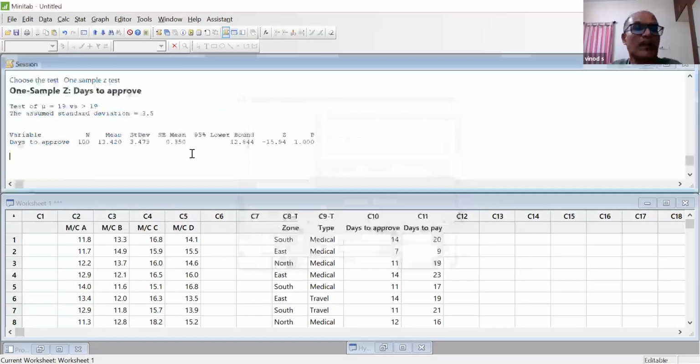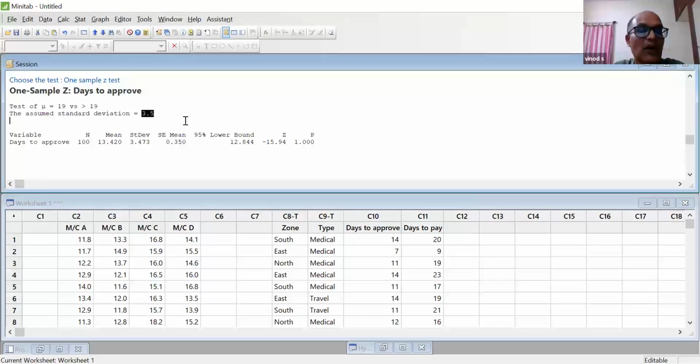Now you can see what all the things are here. This is the 1-Sample Z test. We want to test whether it is equal to or less than 19 versus more than 19, right? And we have got a standard deviation which is 3.5. So everything is clear: 19 days, 3.5. And the other things are given, like how many samples we have tested. There are 100 samples, right?